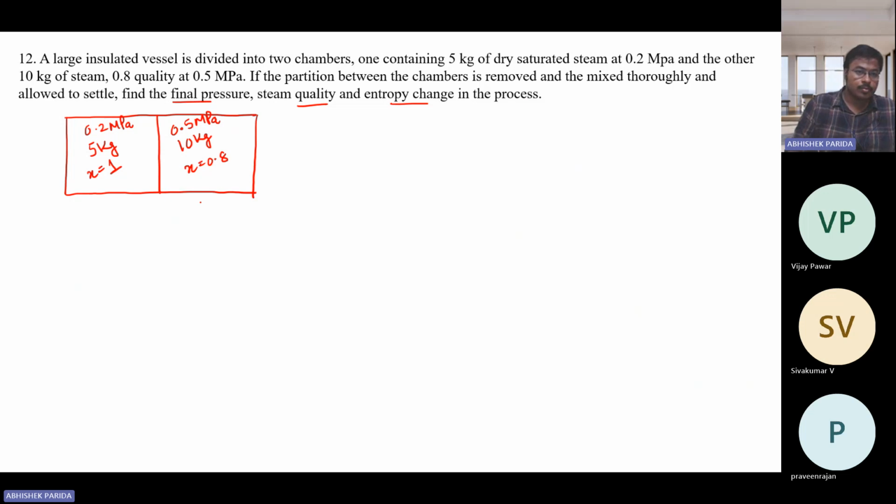Tell me. So it is insulated. It's a very good question. I am sure that you will find this type of question in any of your exams.